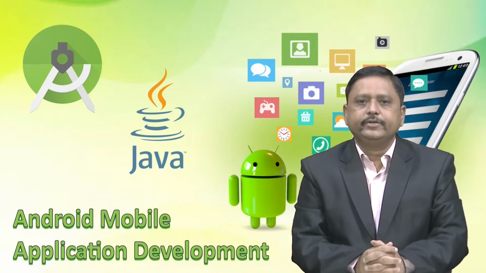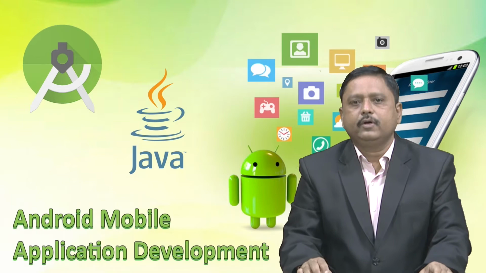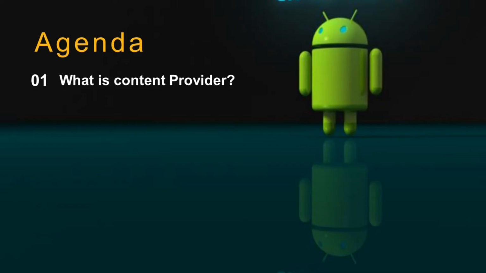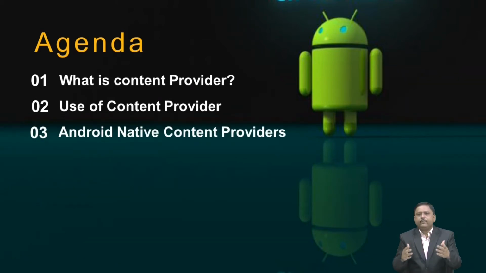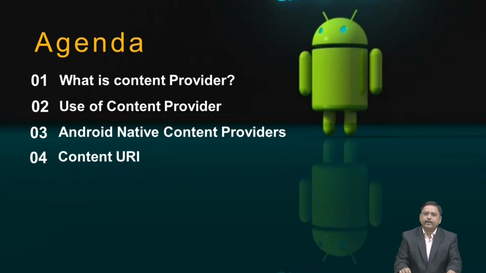In today's session, we will learn about content provider. So what is content provider? What are the uses of content provider? Then Android provides some native content provider to query or provide common data. So we will discuss about Android native content provider.